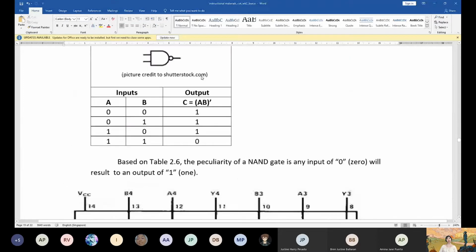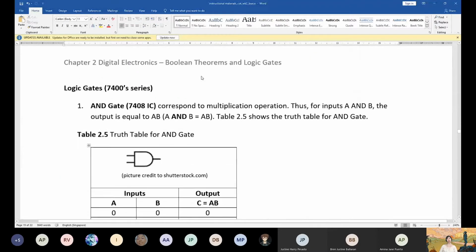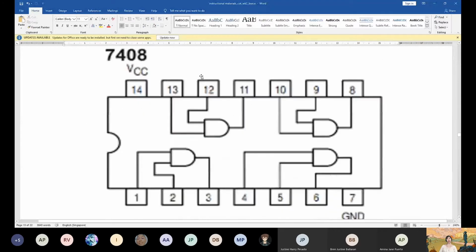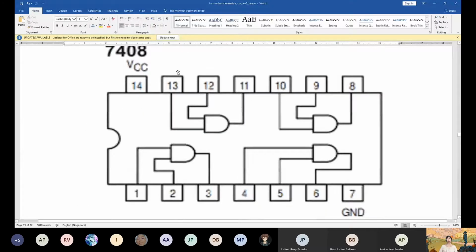Going back to the 7408 AND gate, you'll go to Deco and say to the sales lady, may I buy a 7408 IC? And this is the IC diagram of 7408. How many gates? 1, 2, 3, 4.